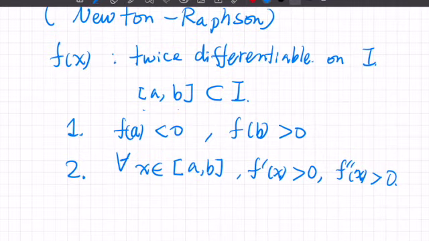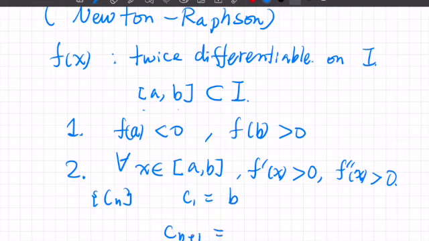Okay, now then we define a sequence Cn by this. So C1 is B, and Cn plus 1 is Cn minus f of Cn over f prime of Cn for n greater than or equal to 1.